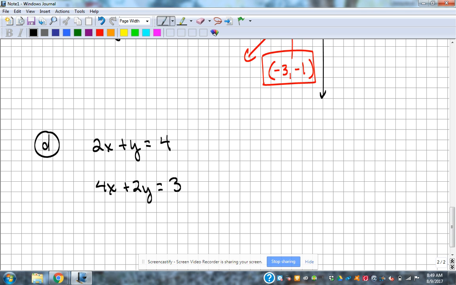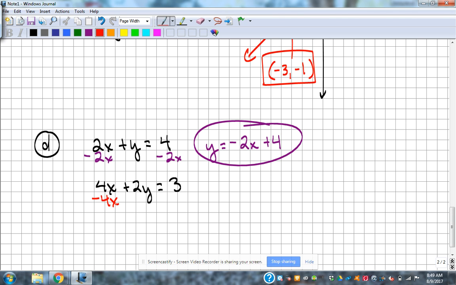Got to get them in slope-intercept form, right? This one, subtract 2x. You got -2x plus 4. That's good. Next one, subtract 4x, divide by 2. What's happening here?